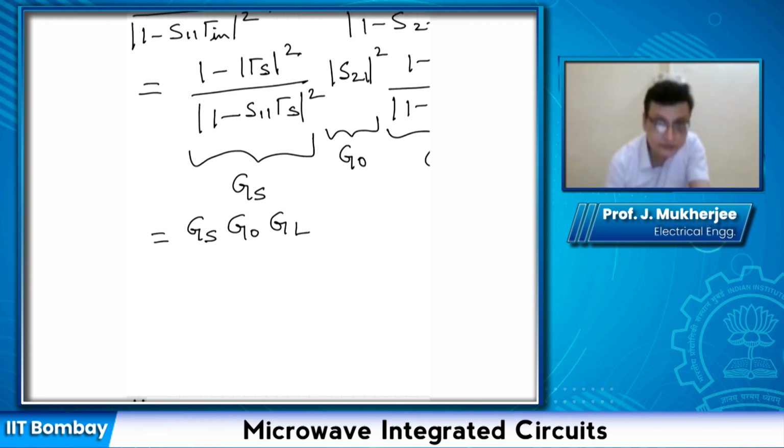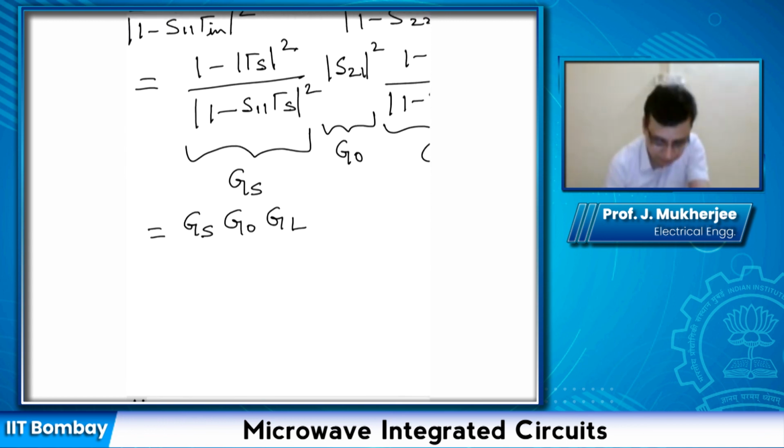Now if I take this ratio GT on GTU, I will get an expression like this. I would like you to derive this expression.